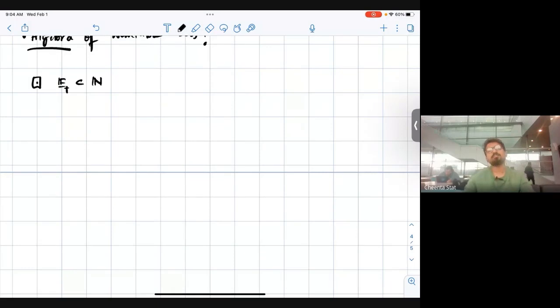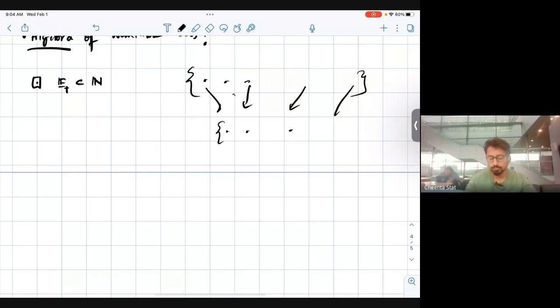Countable sets are sets which you can count. If you have a big set which you can count, like 1, 2, 3, 4, of course you can count a smaller subset like this too, and carry on. That will also be countable, right?